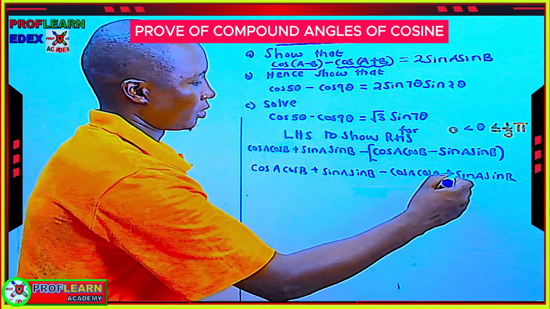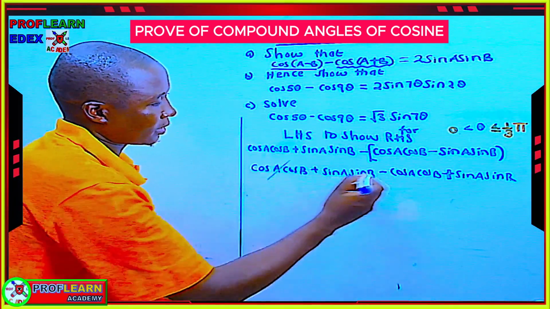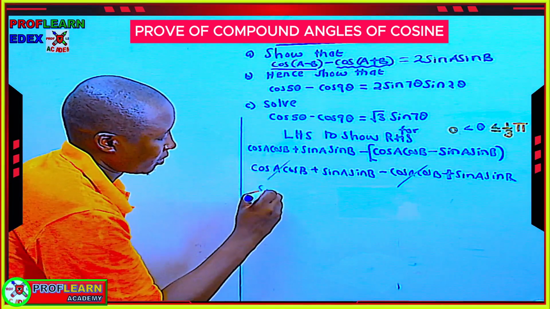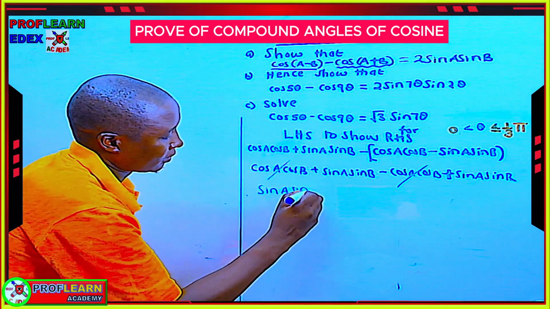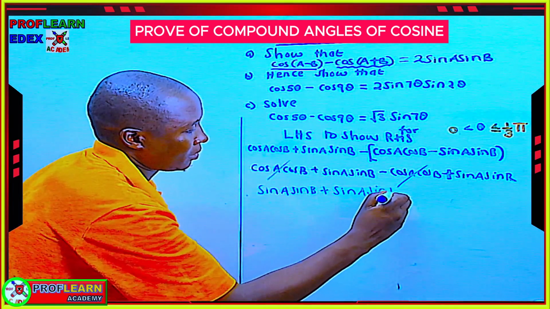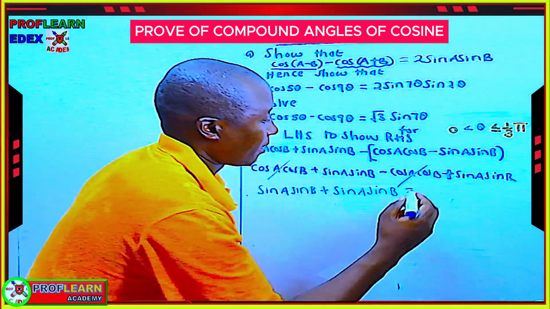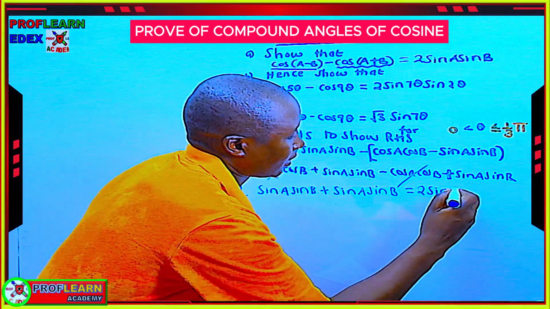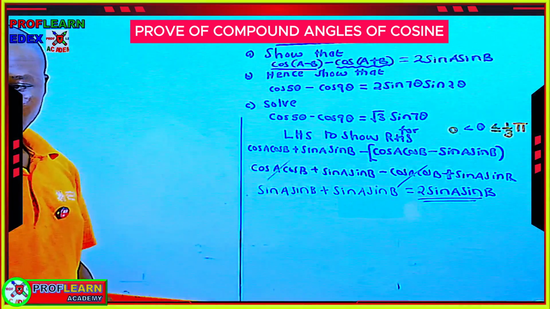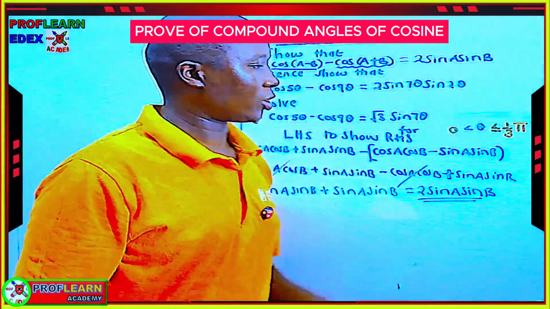So we cancel this term and this term, and we end up having sin A sin B plus sin A sin B, which is 2 sin A sin B, and that's what we were supposed to show.